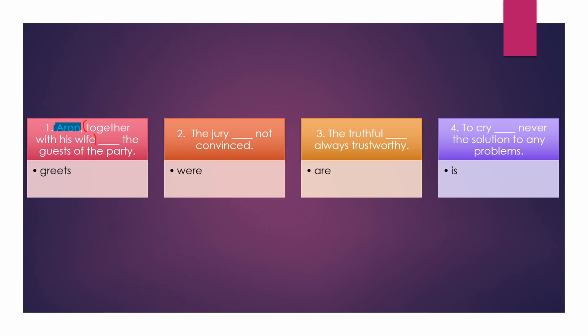Second, the jury dash not convinced. Now you have this word jury. The moment that you spot any collective noun in any sentence, we need to know what is the outcome of that particular collective noun, what is the inference, the opinion, approach, perception that is coming out of it.